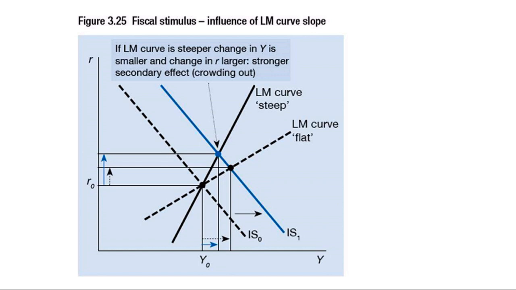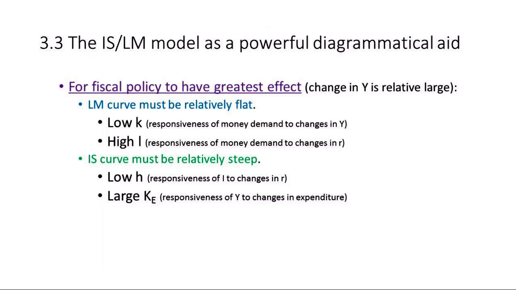But if the LM is steep, you'll only get a small net increase in output from the original fiscal stimulus, and you get a large increase in interest rates over on the vertical axis. There's a stronger crowding out effect with the steeper LM curve. So again, if fiscal policy is to have a great effect, the LM should be relatively flat and the IS should be relatively steep.